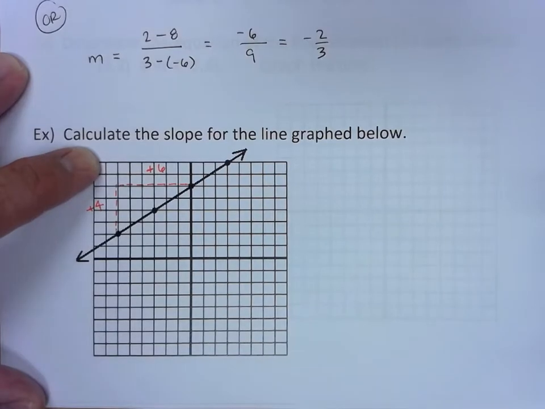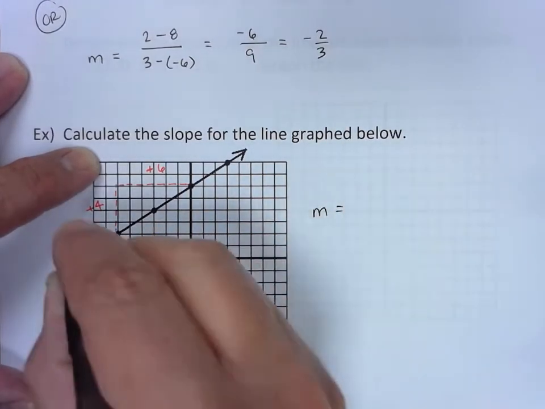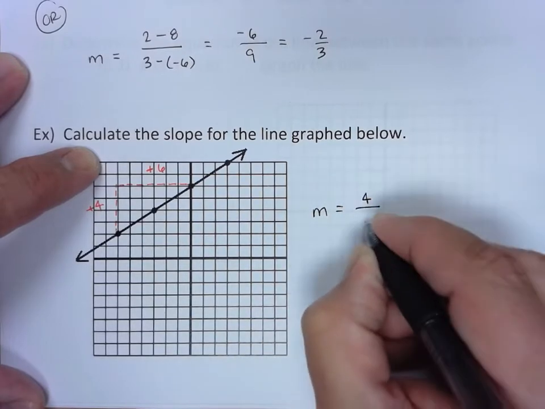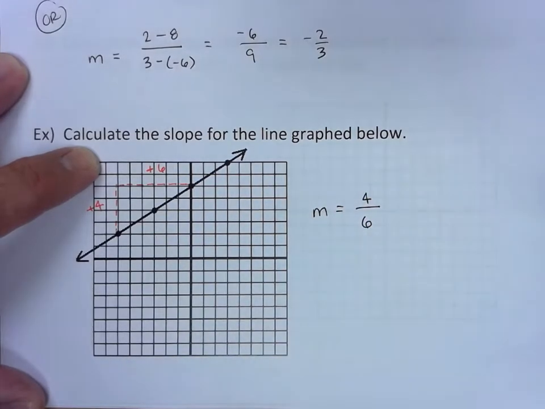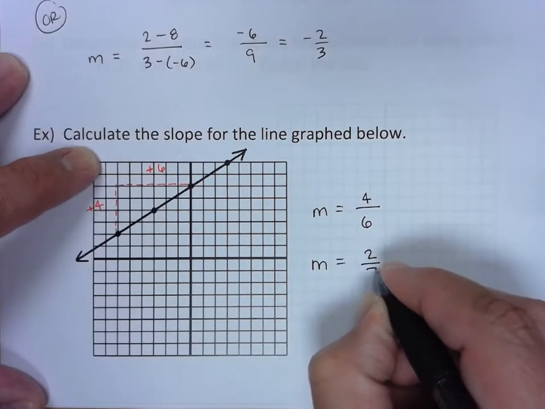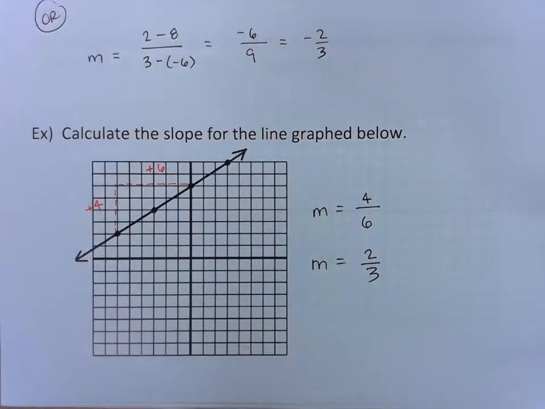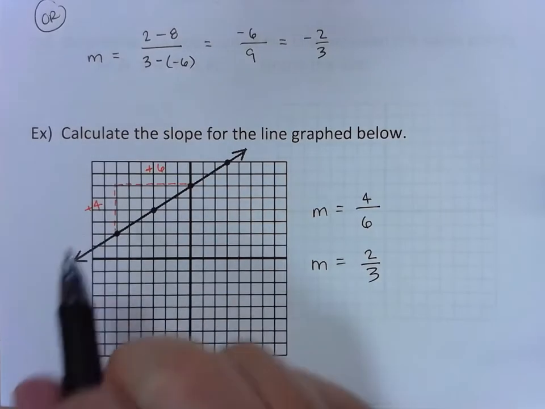So in this case, my change in y over change in x would be a positive 4 change in y over a positive 6 change in x, and that ratio's down to a 2/3 slope. For some reason, I'm in love with the number 2/3 today.